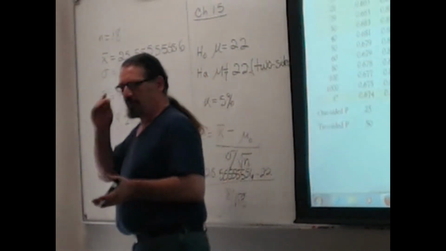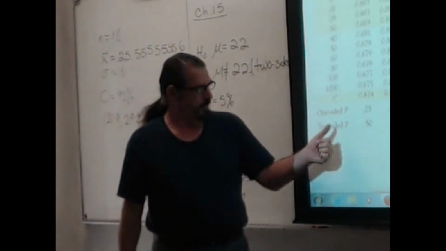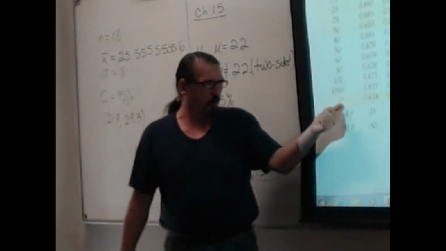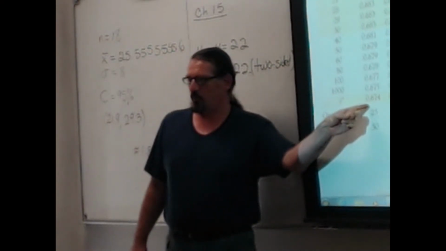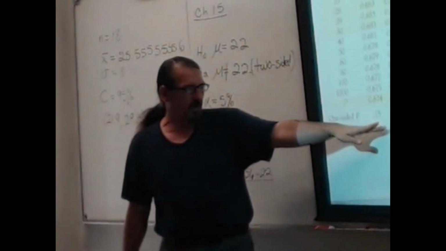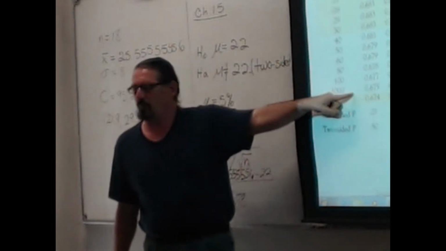Because of the time we had available on Friday, I didn't give you the full story here. What if we had come up with a Z star that was smaller than even 0.674? What's happening to either the one-sided p's or the two-sided p's as z's get smaller?